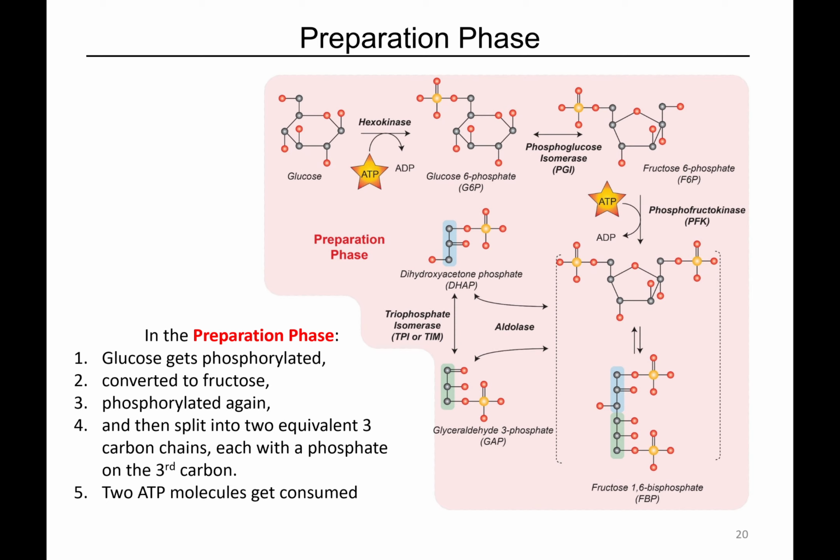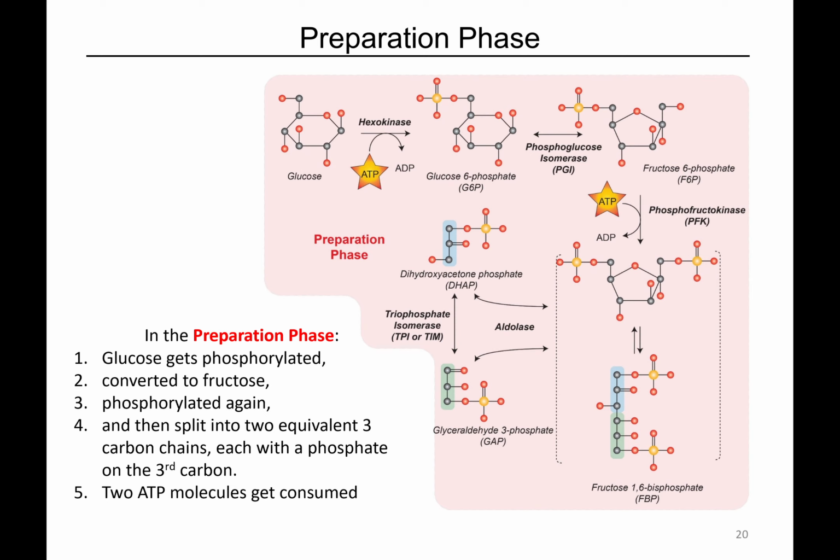The ketose, fructose, then gets phosphorylated again. So step 1 is phosphorylating glucose. Step 2 is converting glucose to fructose. Step 3 is phosphorylating fructose. Phosphorylation, isomerization, phosphorylation. This gets us to phosphofructokinase, which is a key intermediate because fructose, unlike glucose, is not as stable in its ring form.